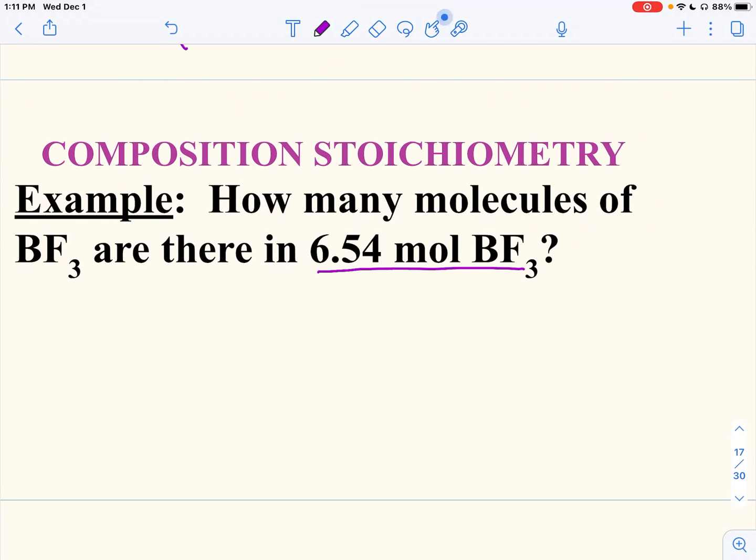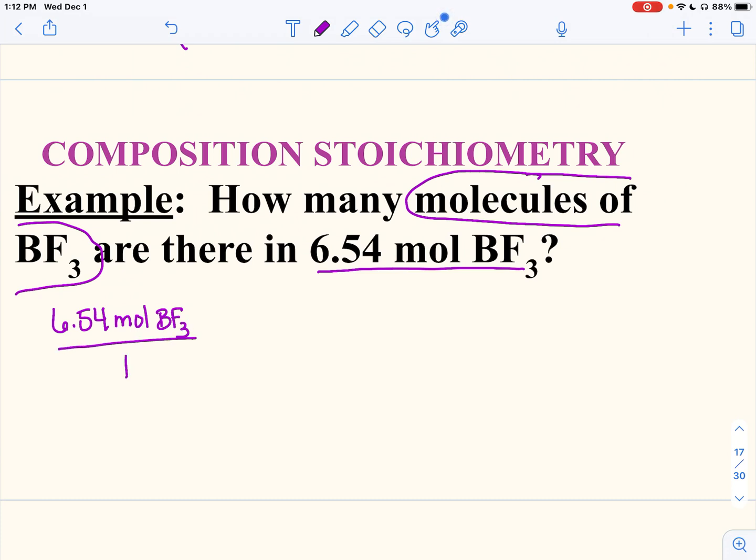So I'm going to start by underlining my given because I know that's what I do in problems, and circling what I'm looking for. And then I will take my given with both parts of my units, and MOL is the abbreviation for moles, and put it over 1.